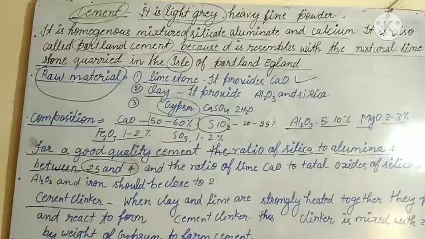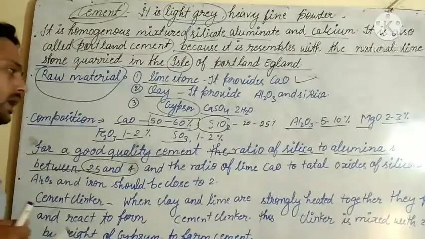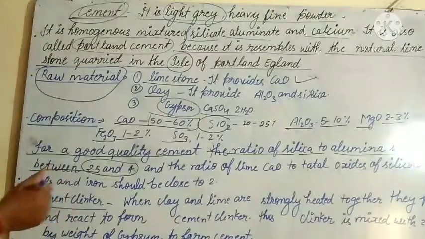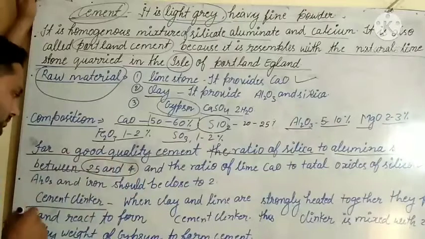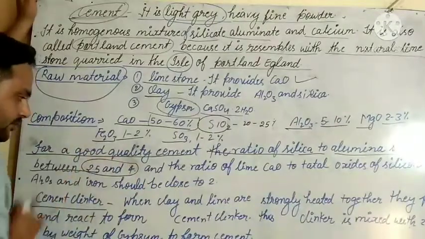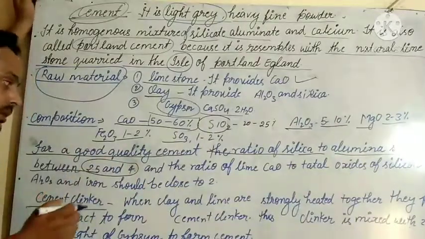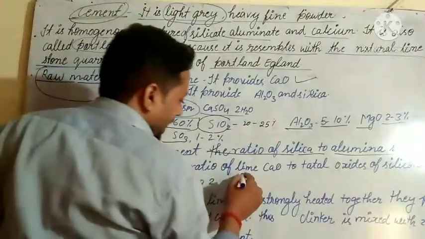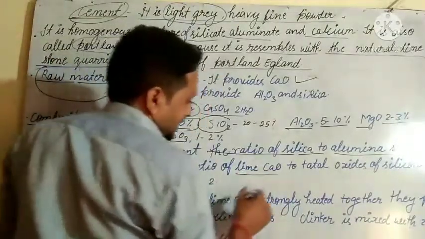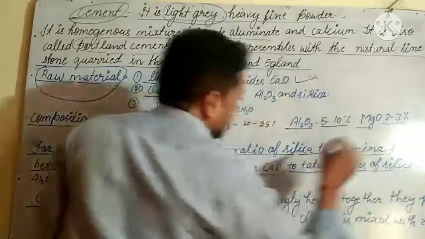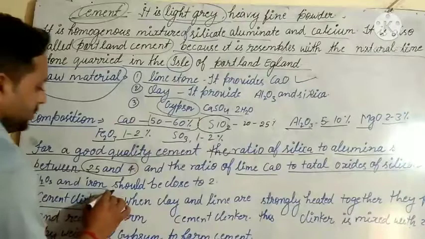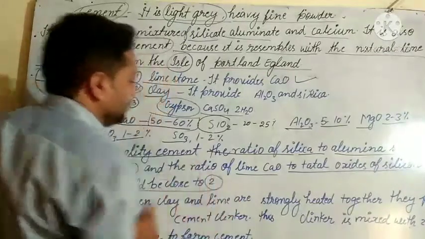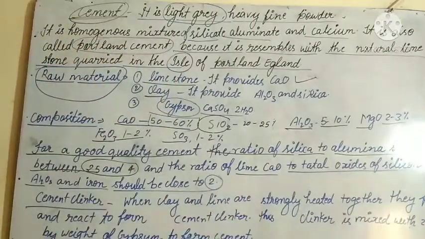And the ratio of lime, calcium oxide, to the total oxides of silicon, Al2O3 and iron should be close to 2. So we got 2 points.